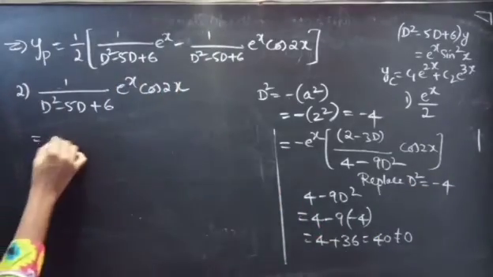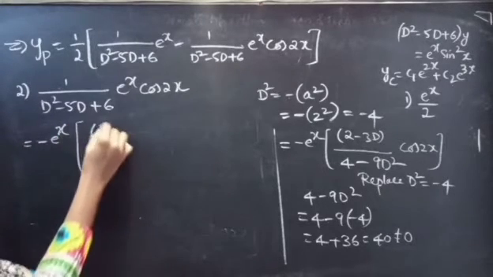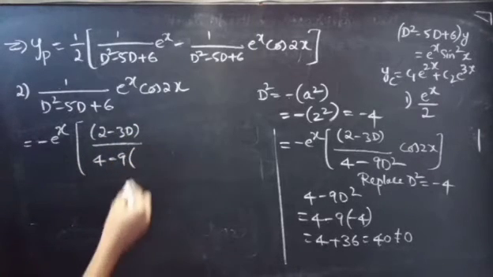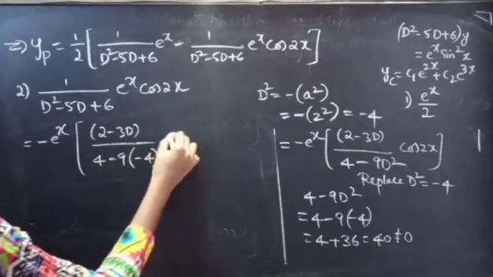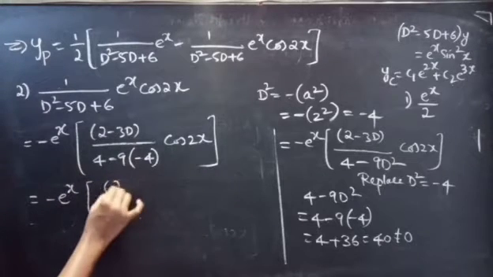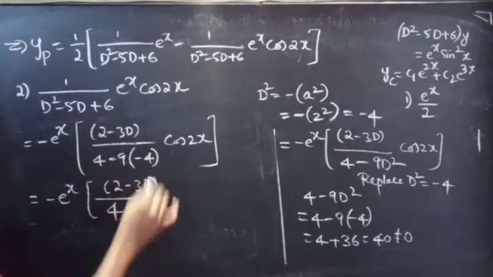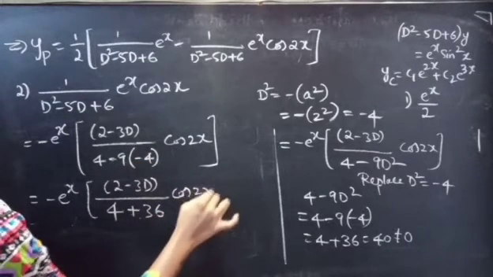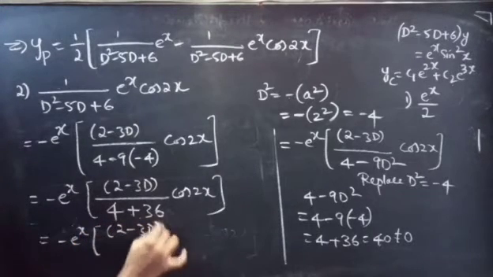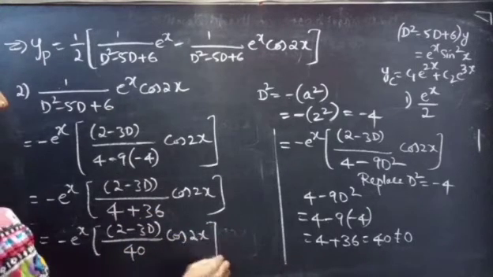Then this becomes minus e power x into 2 minus 3d by 4 minus 9 into minus 4, into cos 2x, which is equal to minus e power x into 2 minus 3d by 4, minus into minus is plus, 9 fours are 36, into cos 2x, which is equal to minus e power x into 2 minus 3d by 4 plus 36 is 40, into cos 2x.